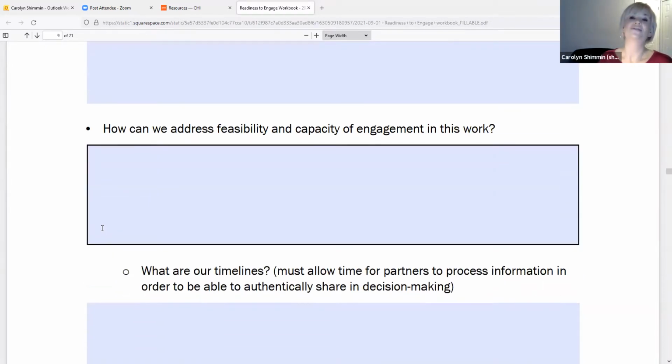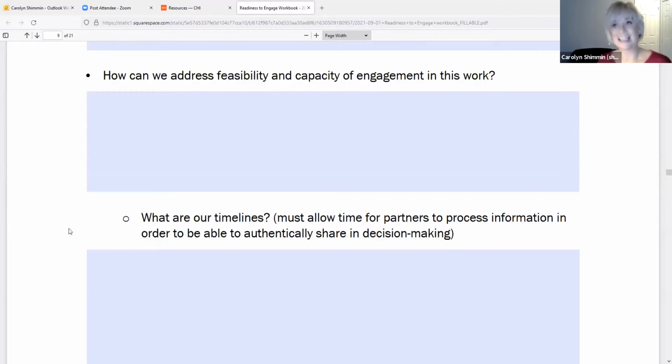How can we address feasibility and capacity of engagement in this work? This is another really important piece around what kind of supports we need in place to make sure that the engagement is feasible. How do we make room and make time for relationship building when we often have a number of deadlines and things moving quite quickly?